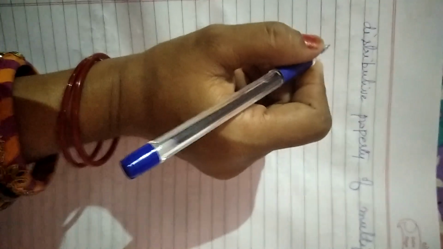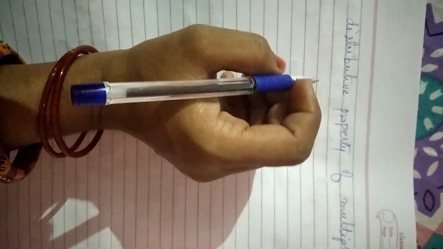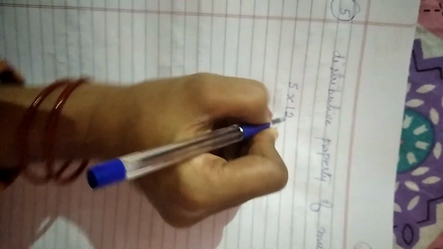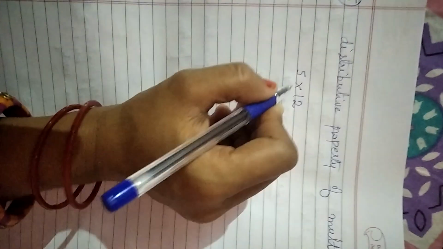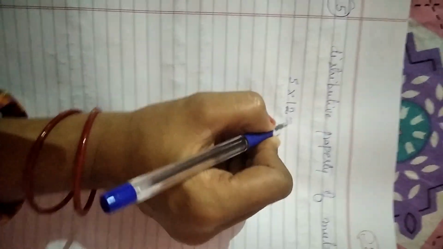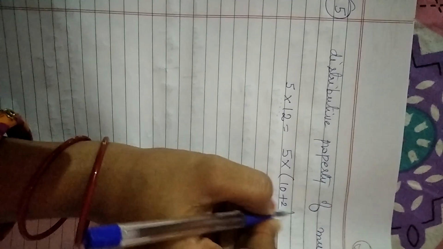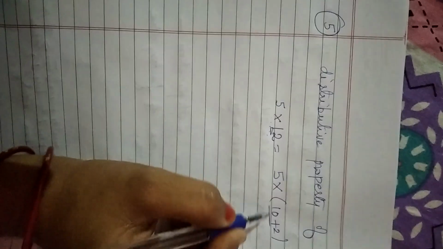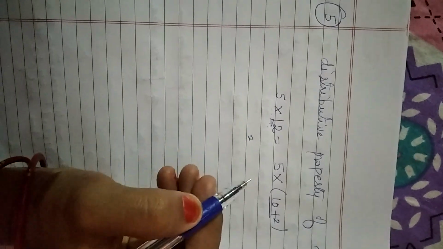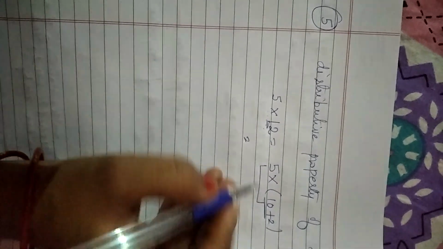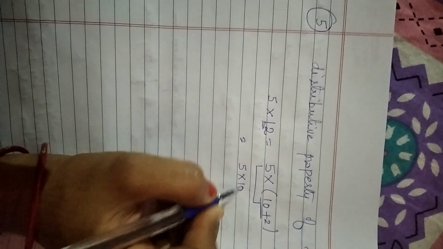We distribute the products. For example, if I am taking 5 into 12, this 5 into 12 can be written as 5 into 10 plus 2. Clear? 12 can be written as 10 plus 2. Now the way to multiply is that we have to multiply 5 into 10.